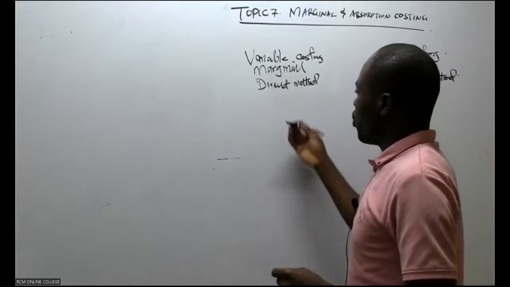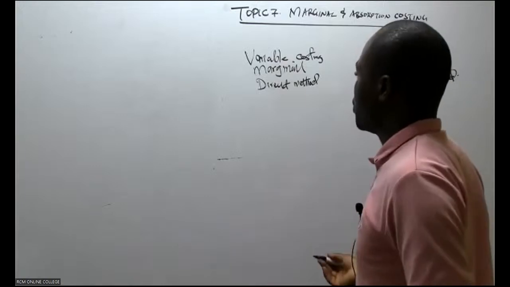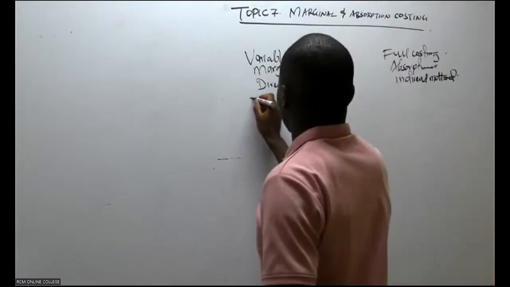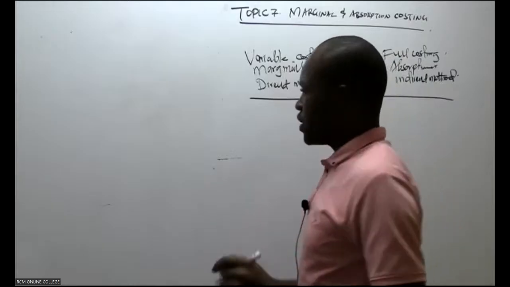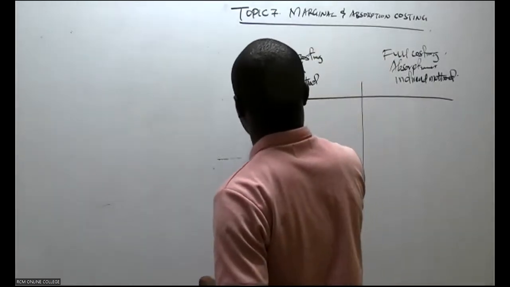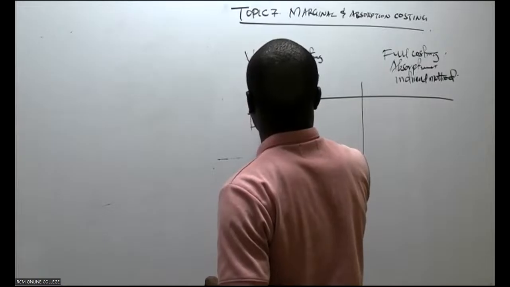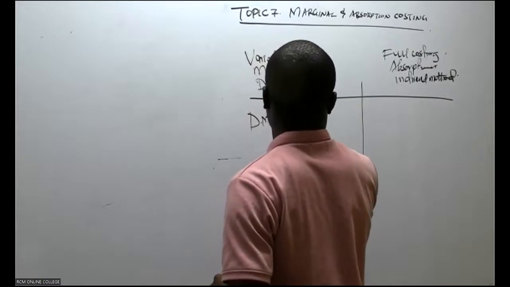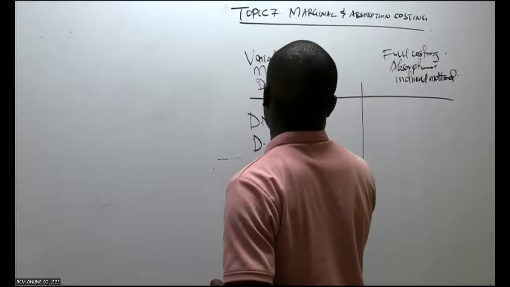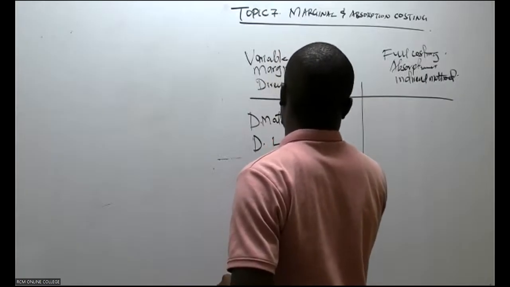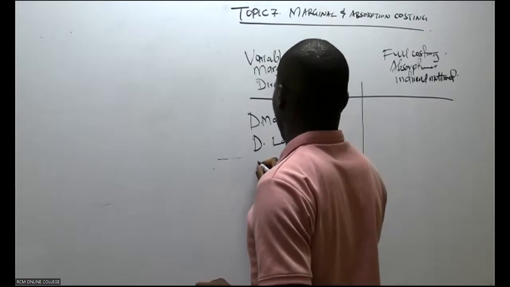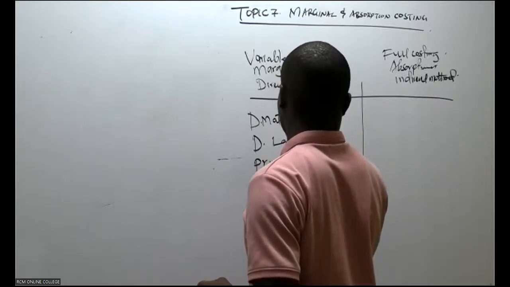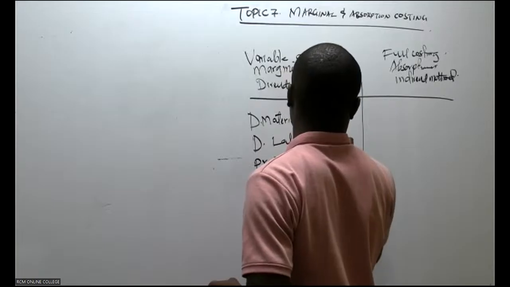How do we get the cost of the products under marginal costing? Remember what we said the other day: for us to get the cost of a given product, we have direct material, direct labor, plus any other direct cost to arrive at what we call prime cost.